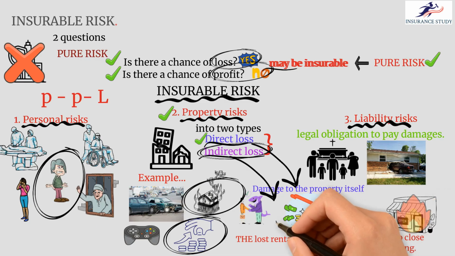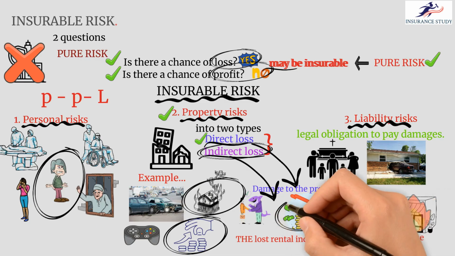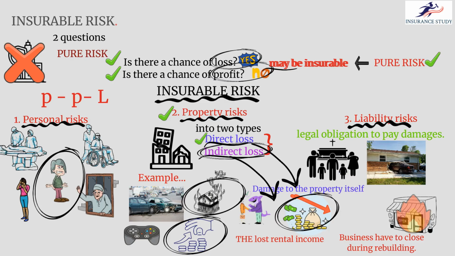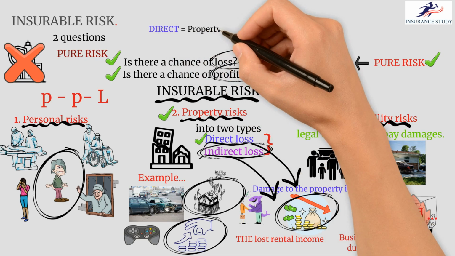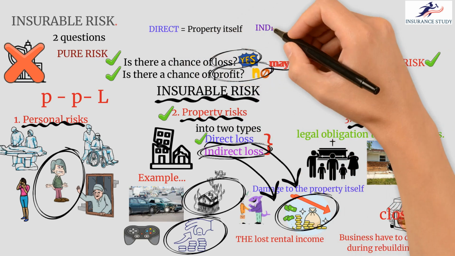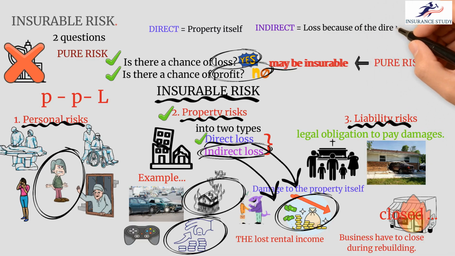Business loses income because the building is closed, indirect loss. So exam tip: the easiest way to identify them is direct, property itself; indirect, loss because of direct loss.